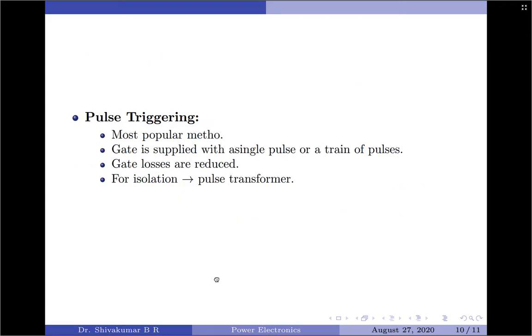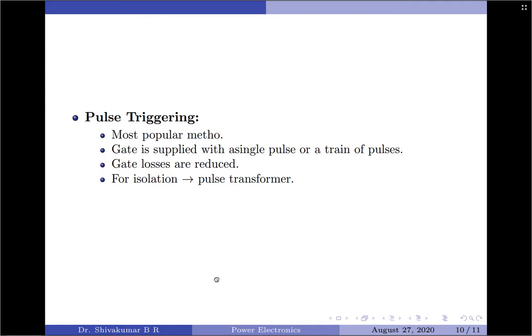Now coming lastly to the pulse triggering. It is the most popular method of triggering the thyristor, and in this technique the gate is supplied with either a single pulse or a train of pulses. The main advantage of this method is that the gate drive is fed with pulsed voltage, and hence the gate losses are reduced in greater amount by applying either a single or periodically appearing pulses.